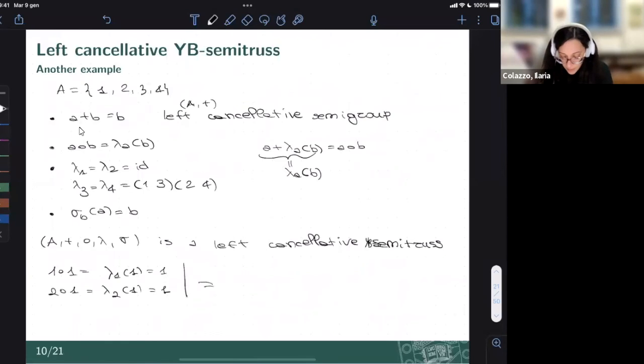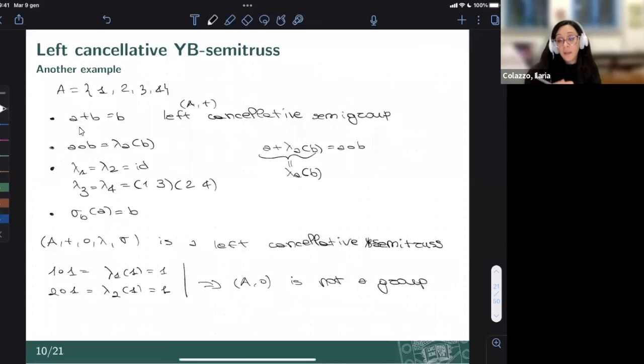So this means that A circle is not a group. So we have an example of a left cancellative YB semitruss that is not a skew brace because the multiplicative structure is not a group.